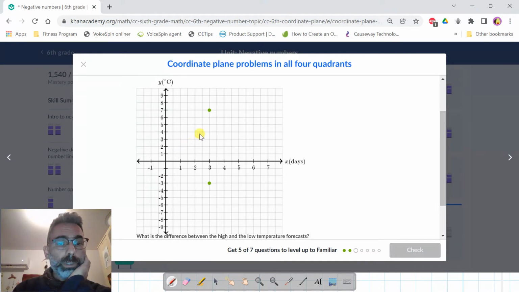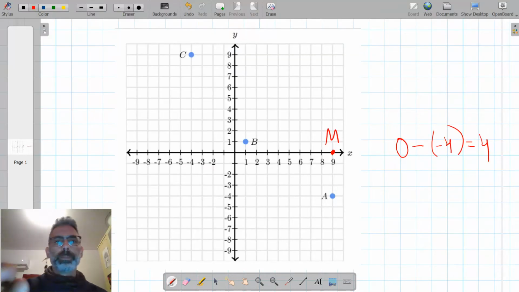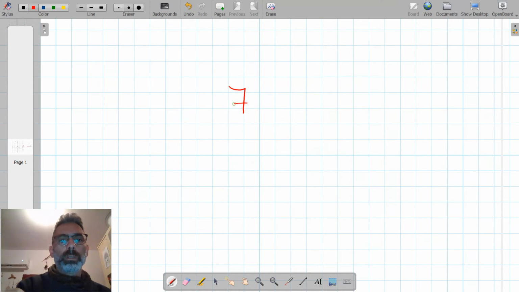So the distance from this point to 0 on the y-axis is 7, and 3 is 10. Okay, we can also view it as 7 minus negative 3, which is 10.